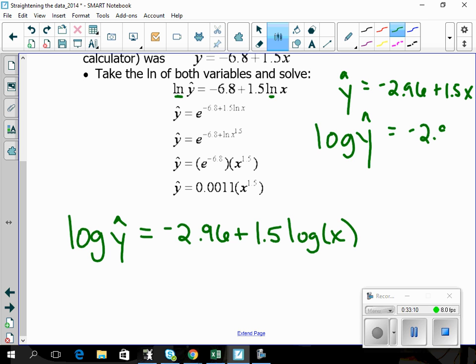When you have logs in more than one spot, there are some rules where you can combine them and condense the logs. Does that sound familiar to you? Sort of, maybe, kind of, could be. There are all different kinds of ways to do this. Would you agree that this is also true?